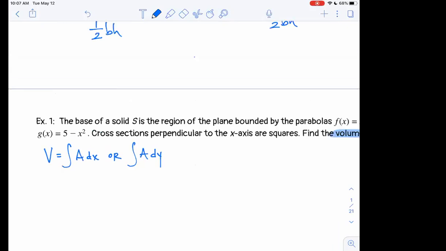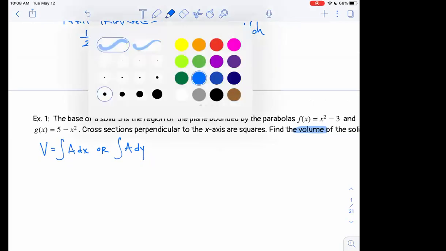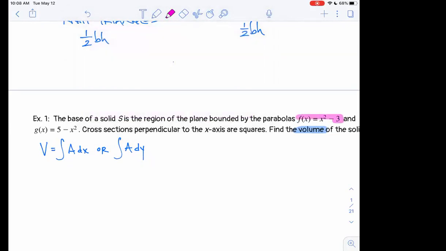Okay, so as soon as I see that word volume in the question, that's what I'm thinking in my head already. Now, what we're going to do is start by sketching this diagram. And our diagram is going to include this parabola, f of x equals x squared minus 3, and this one, g of x equals 5 minus x squared.